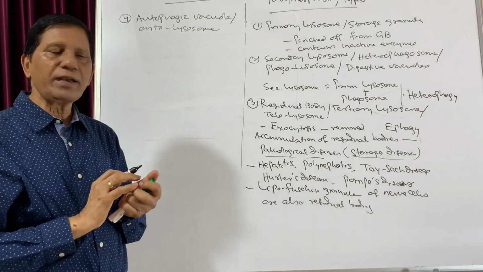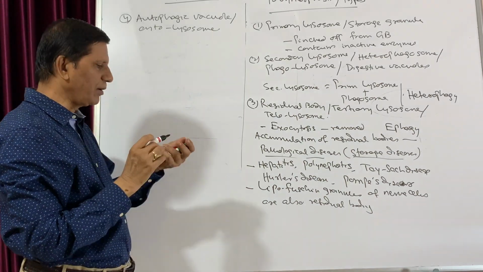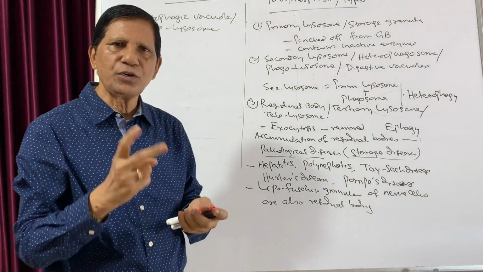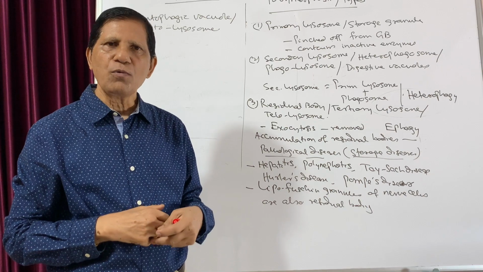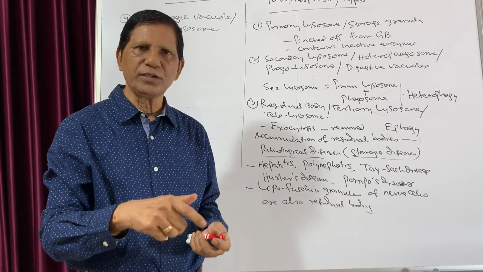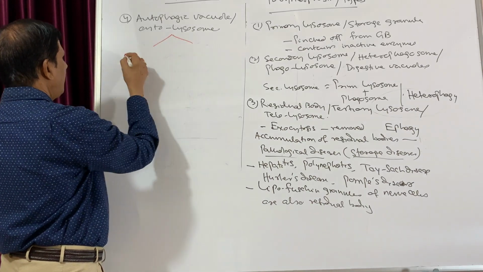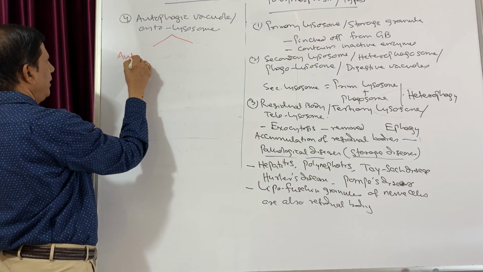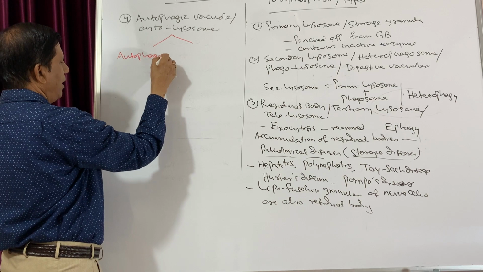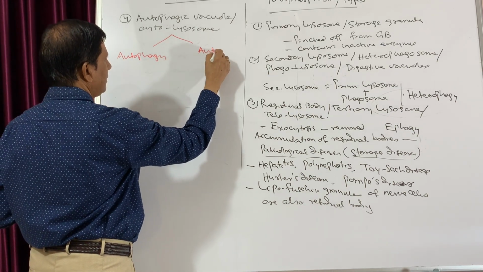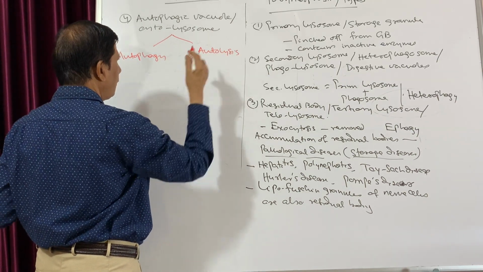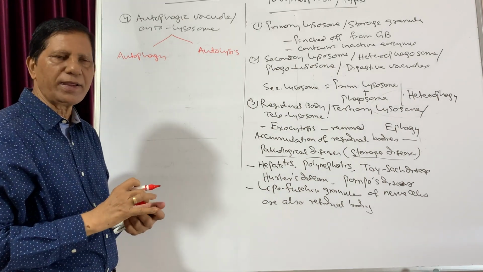This autophagic vacuole or cytolysosome has two important functions. One is autophagy and the other is autolysis. Now these two are also very important. Now what is autophagy?